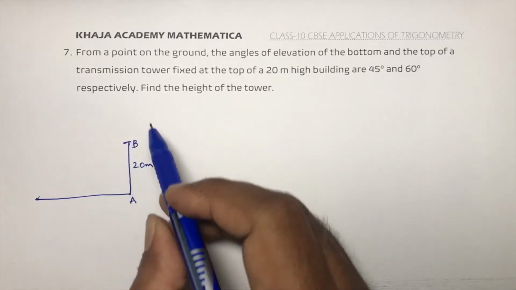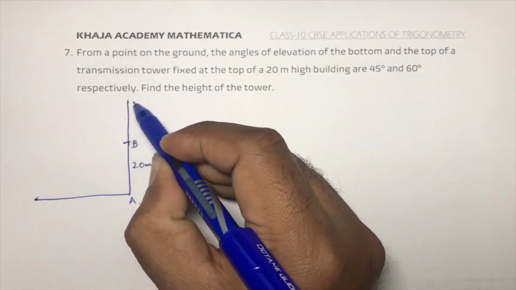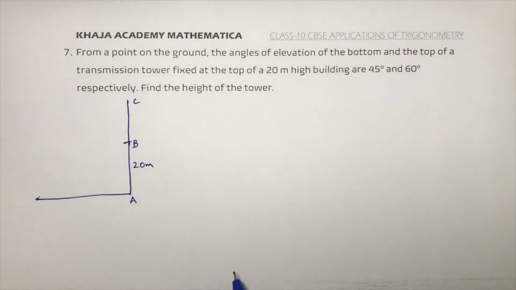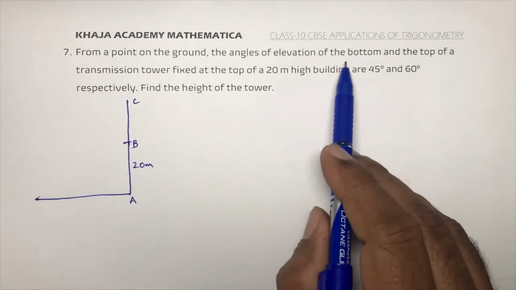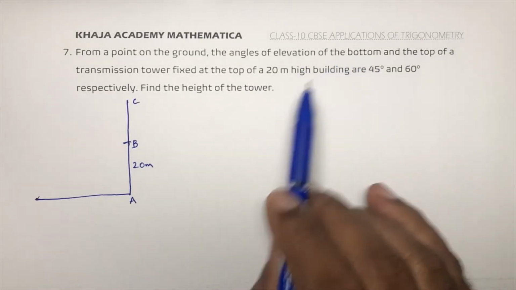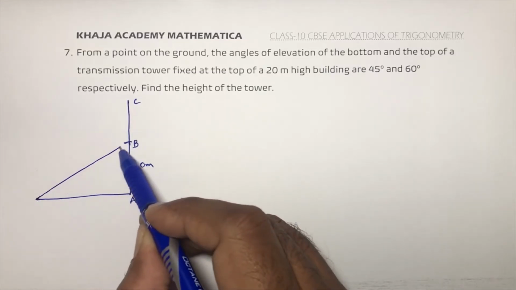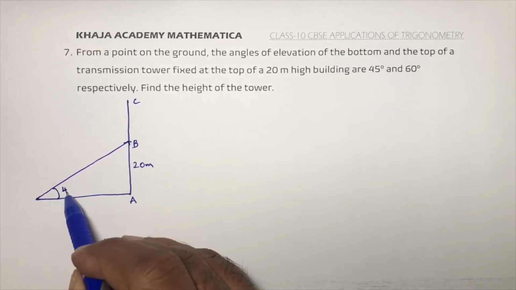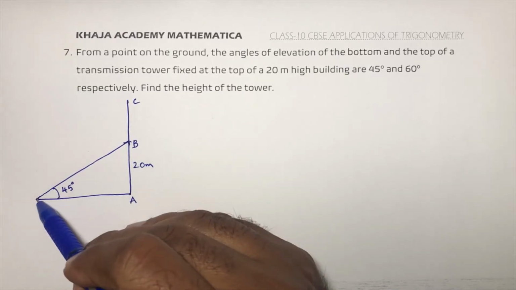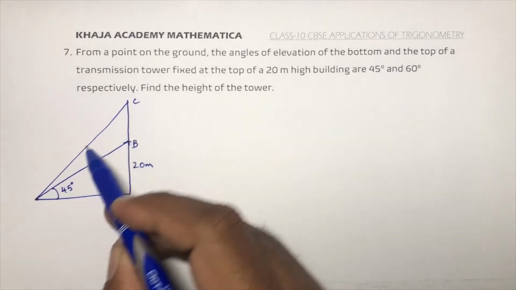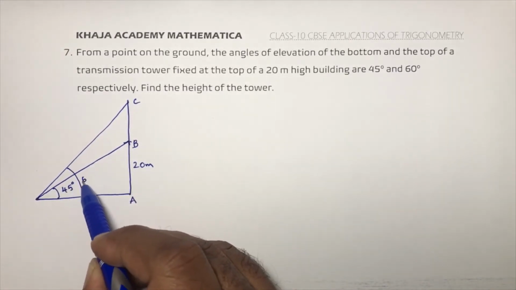And at the top of this building there is a transmission tower, so BC, I'll take it as the transmission tower. The angle of elevation of the bottom is 45 degrees, and the angle of elevation of the top of the tower is 60 degrees.